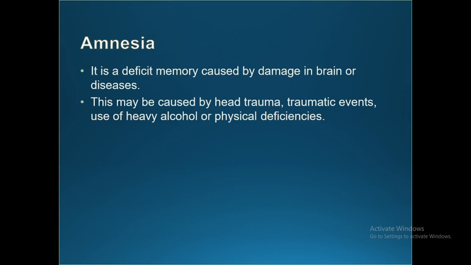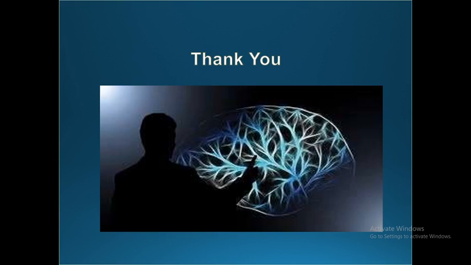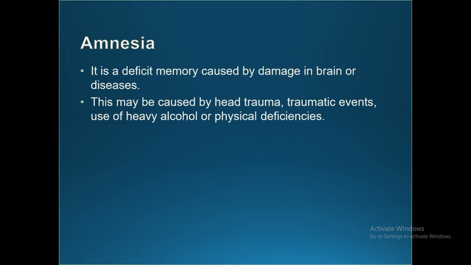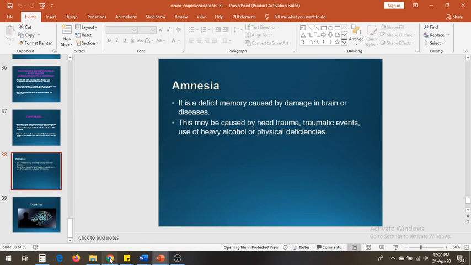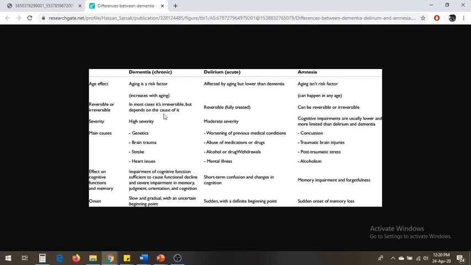Now, that's it with the presentation. But you may be wondering what's the difference between amnesia and dementia, since amnesia is also a kind of memory deficiency. So let's move on to that part. Here, I have shown you all. In dementia, aging is a risk factor.